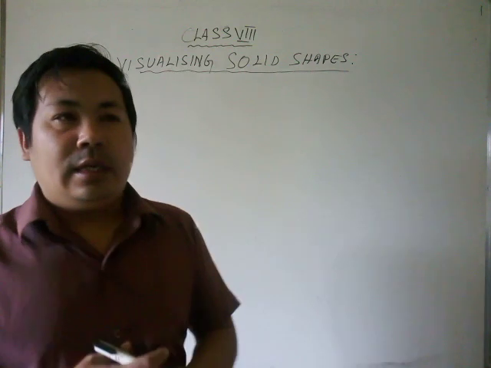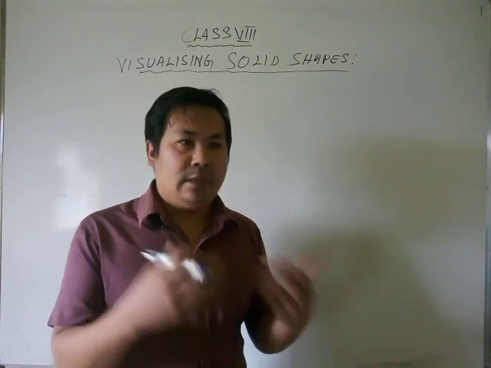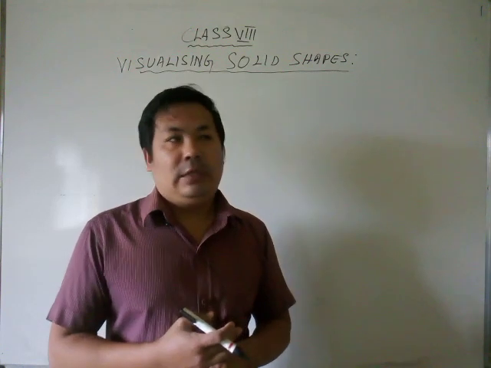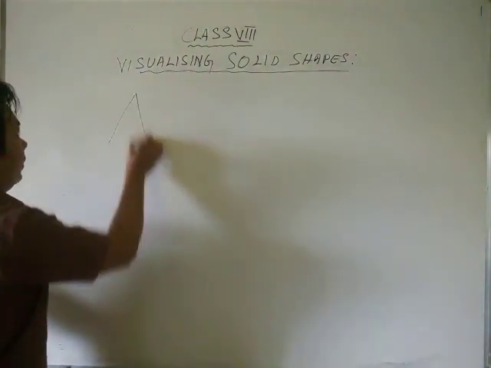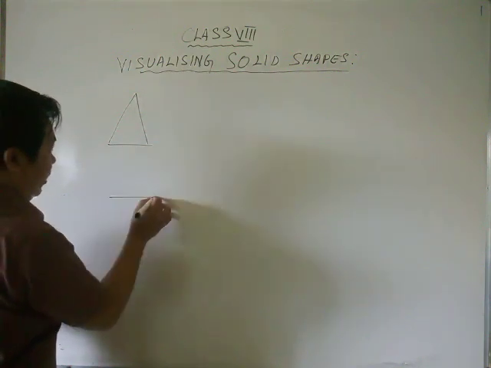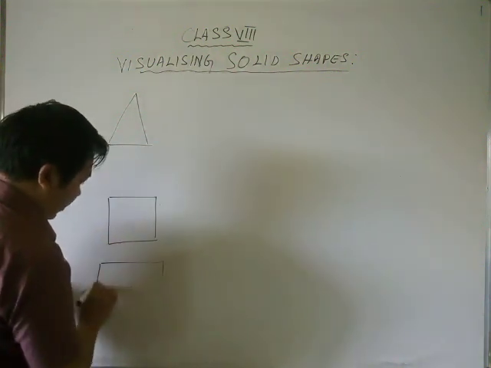You know that some of the geometrical shapes we have studied in the earlier classes or even this time also. So for example, a triangle. This is a triangle. This is a square or this is a rectangle.